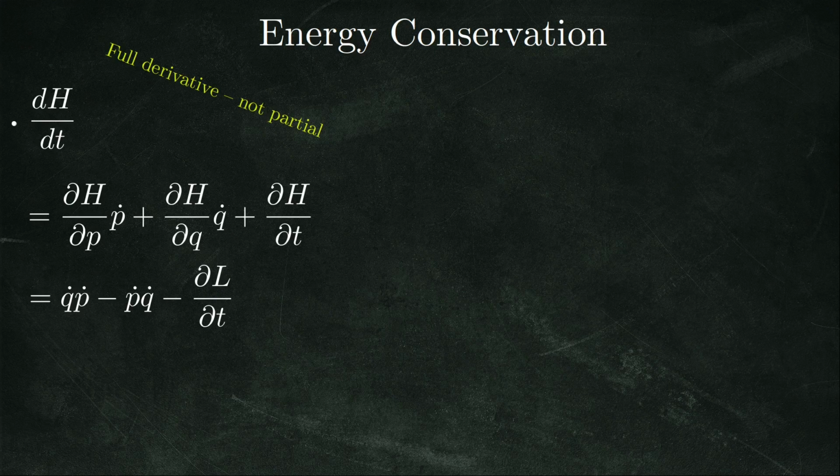And now we see that those first two terms cancel and we're just left with minus dL/dt. So in fact, the condition for the Hamiltonian to be conserved is exactly the same as for the partial derivative of the Hamiltonian with respect to time to be 0, which is quite a remarkable result.